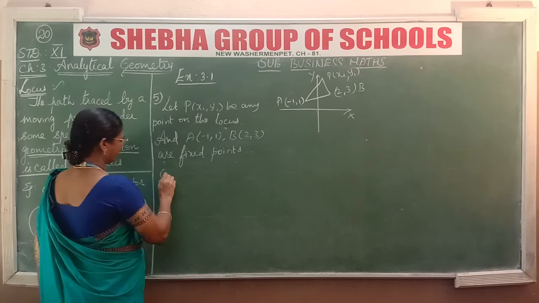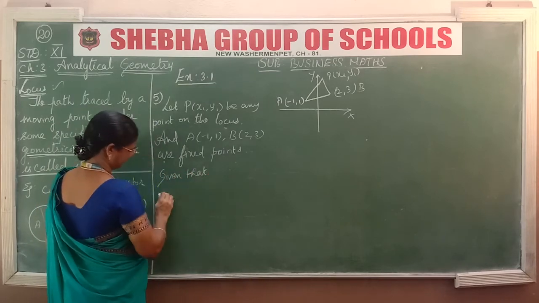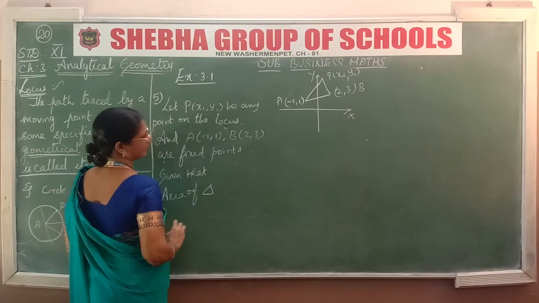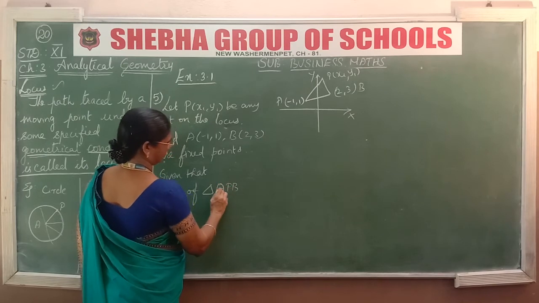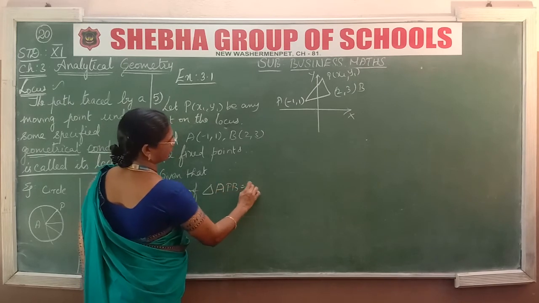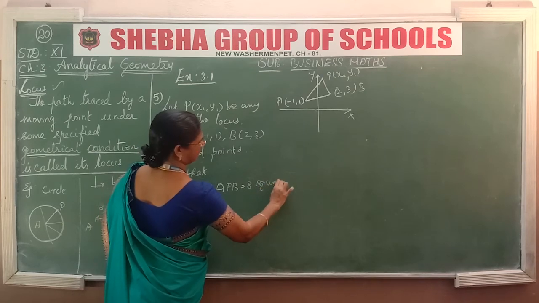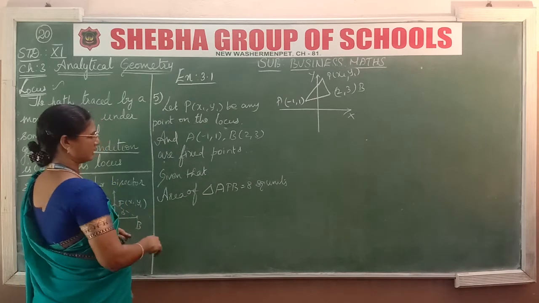and also given that the area of the triangle APB is equal to 8 square units. It is given. What is the area of the triangle? First write the formula.